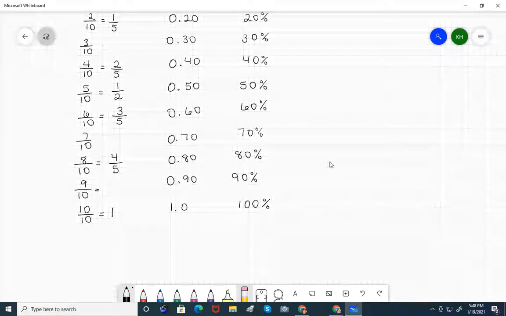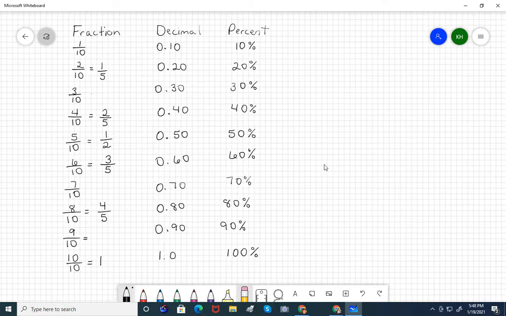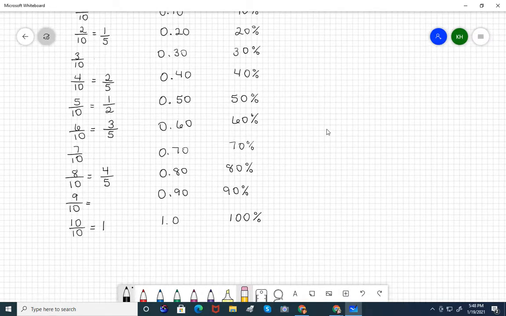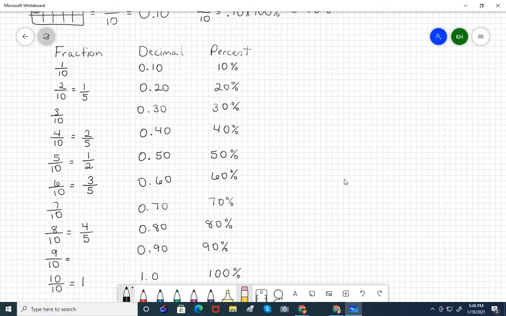Now, that's a pretty easy table to understand, but if you're really kind of limited on how much you want to memorize, I'm going to suggest that you need to memorize this one. If you can find 10%, you can find 90% or 30%. Just multiply it by whatever.